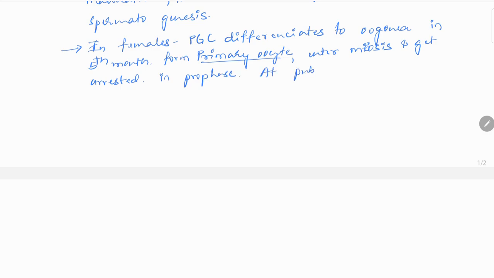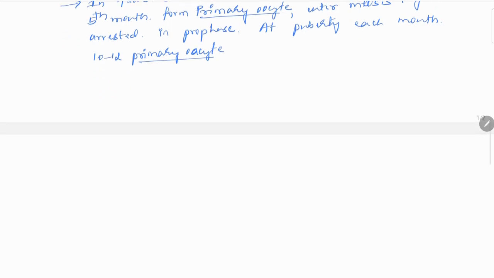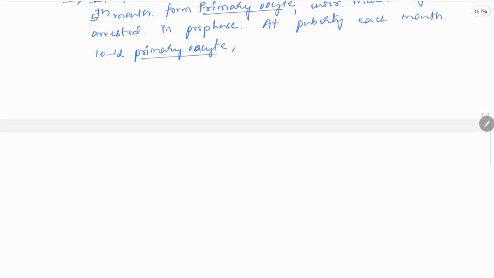Again at puberty, each month, how many? 10 to 12 primary oocytes. I will discuss what is a primary oocyte and what is a secondary oocyte later, but you should know this concept first. Among these 10 to 12 primary oocytes, one will complete what?